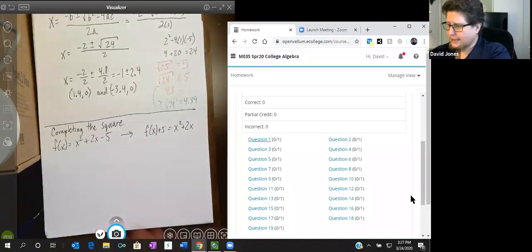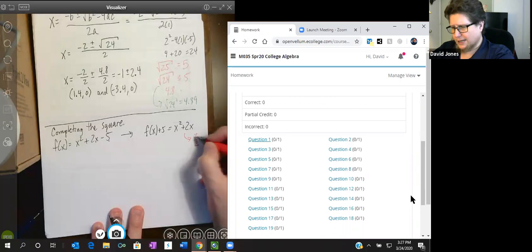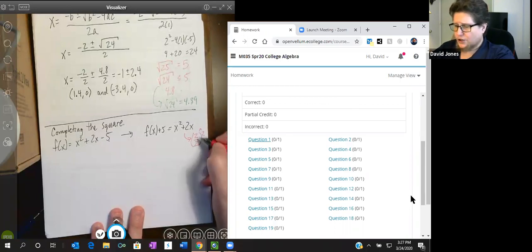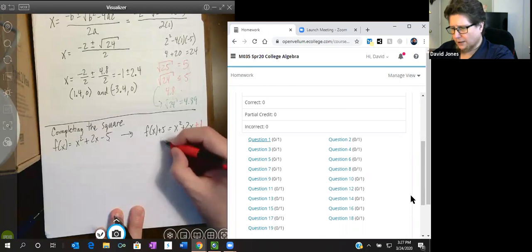And then what we did is we took that number and we cut it in half, divided it by 2, and we squared it. 2 divided by 2 is 1. 1 squared is 1. I add 1 on the right. I'll add 1 on the left.